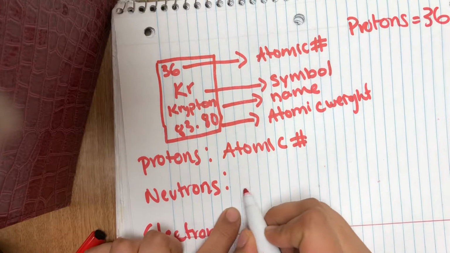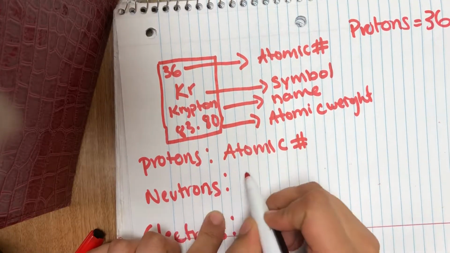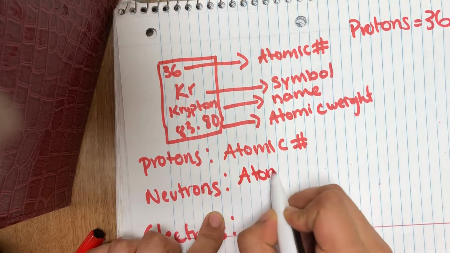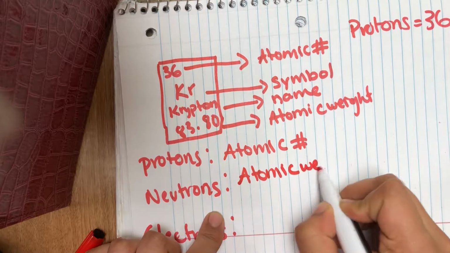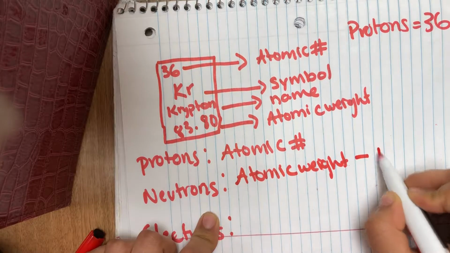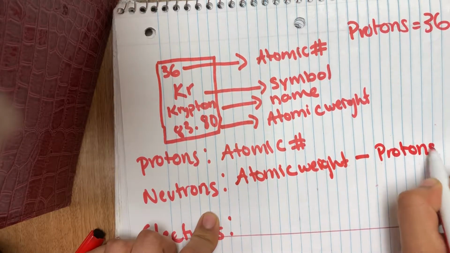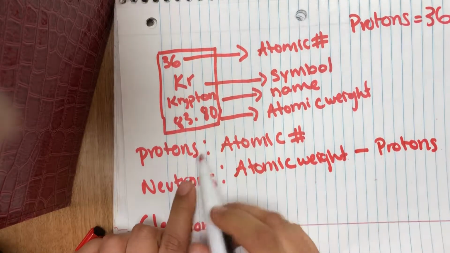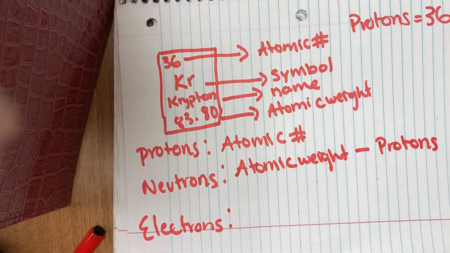So to calculate the number of neutrons, you take the atomic weight and subtract the protons. In this case, we have an atomic weight of 83.80.